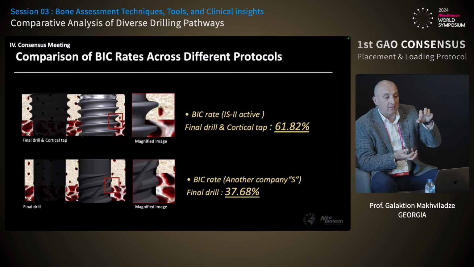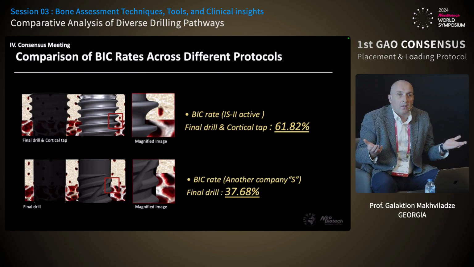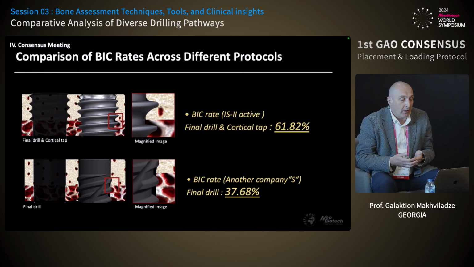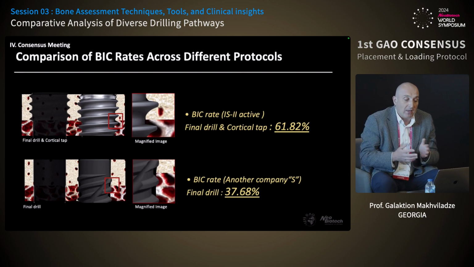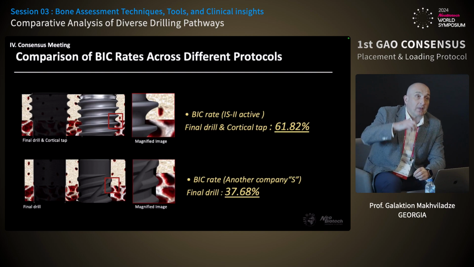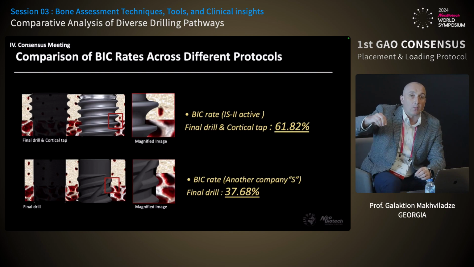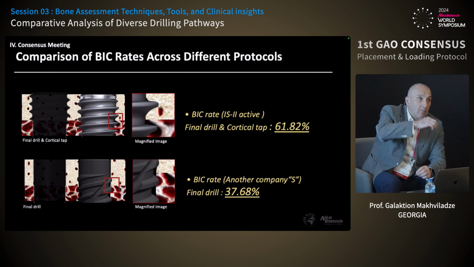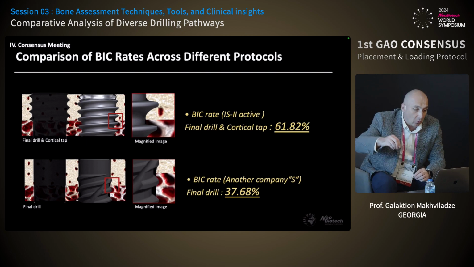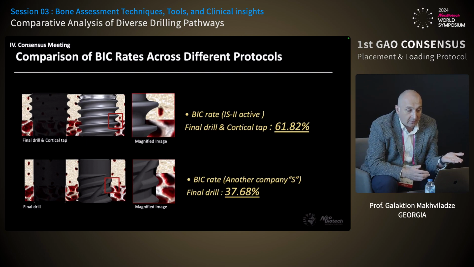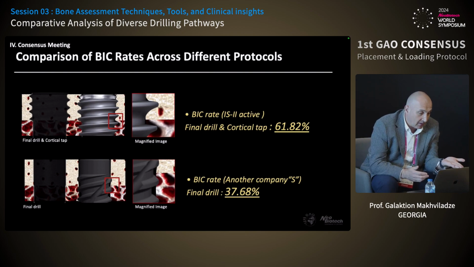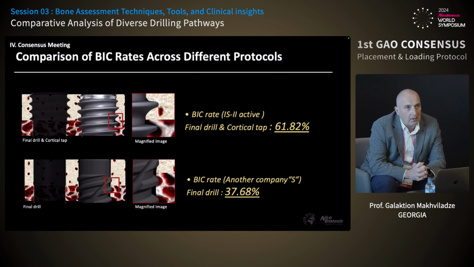It is the highest one we can meet in our practice, and we have this highest one only with the NeoBiotech CMI implant, and only when we follow the protocol called the CMI drilling and placement protocol. And for the BIC rate in the other company, for example, in this case, we have almost 38%, and the difference is very huge.